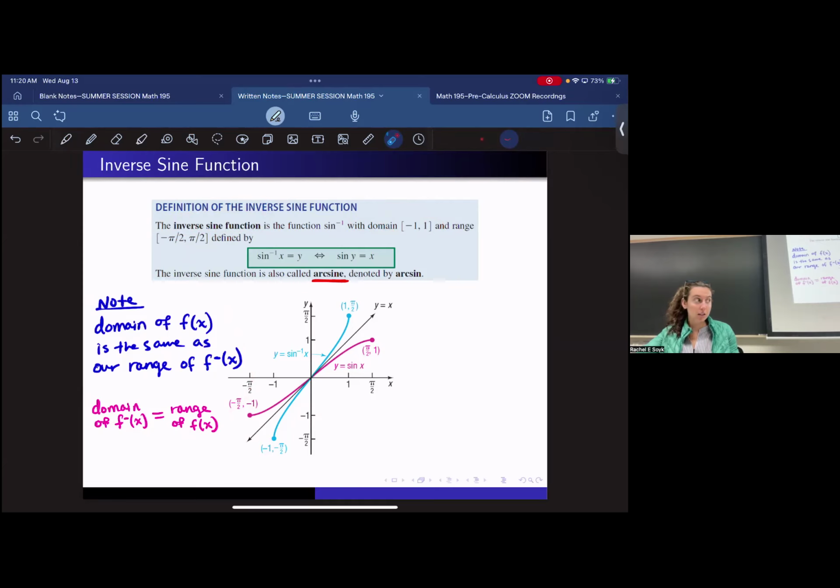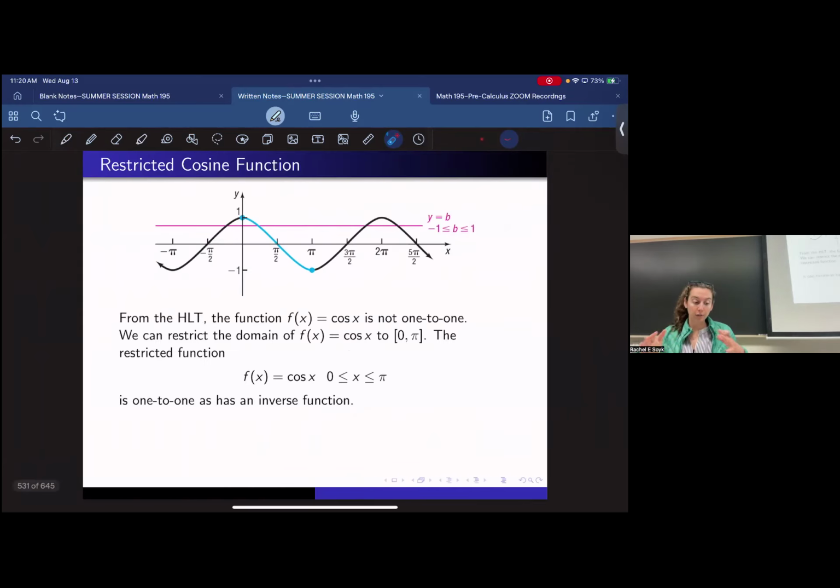Okay, now let's move on to cosine, which has different restrictions for our domain. So this is our visual of our cosine function, and we are going to restrict its domain from 0 to pi so that it indeed passes our horizontal line test now to make it 1 to 1.